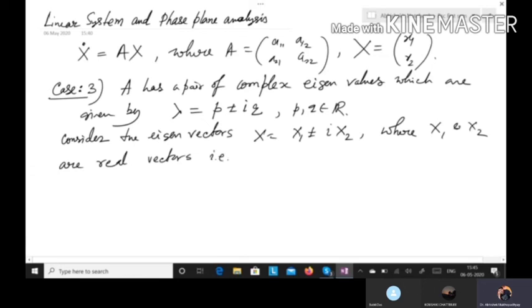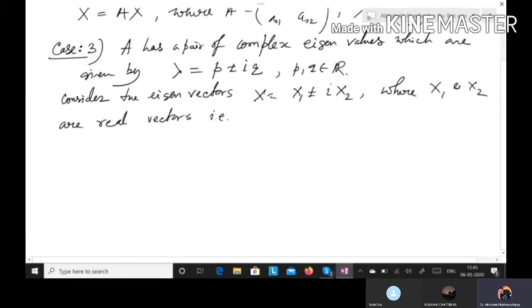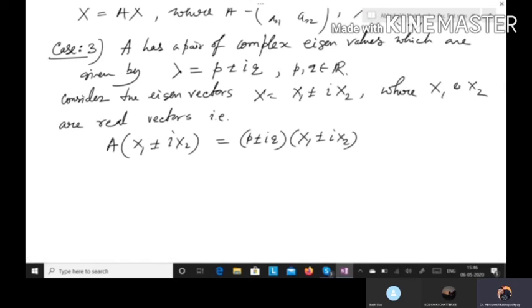That is, since these are eigenvectors corresponding to p plus minus iq, from the equation we have A(x1 plus minus i x2) must be (p plus minus iq)(x1 plus minus i x2), since p plus minus iq are the eigenvalues.